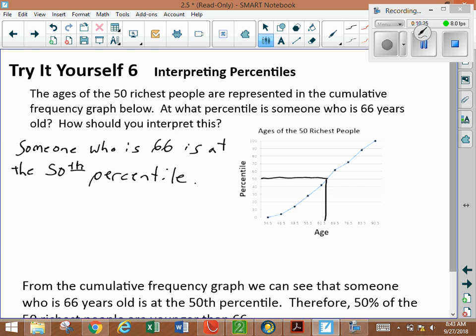How do we interpret that? It means that they are older than 50% of the people in this group. So you say, this person is older than 50% of the people in this group.